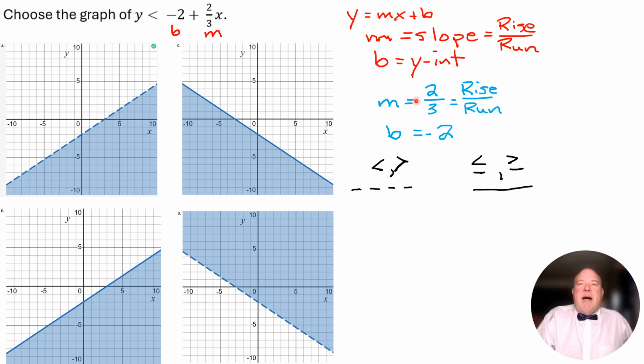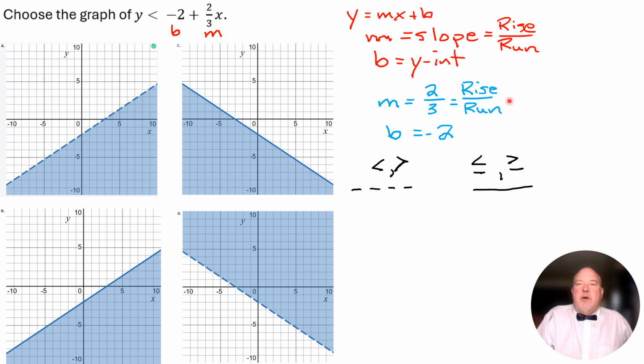The slope is positive. A positive slope gives you an increasing function, which means going from left to right, it goes up. So A is a positive slope, whereas D is a negative slope. So we know our answer is going to be A. We can do one more check just to make sure.